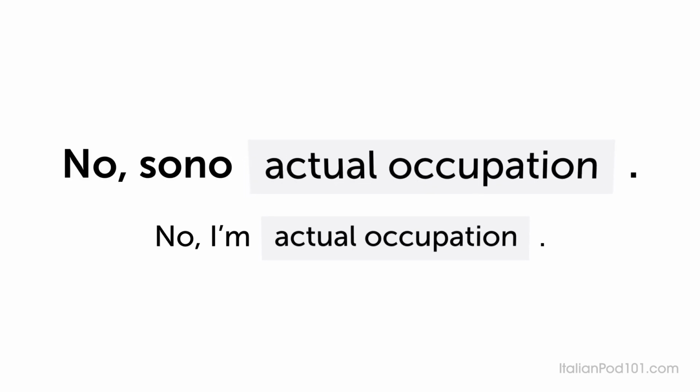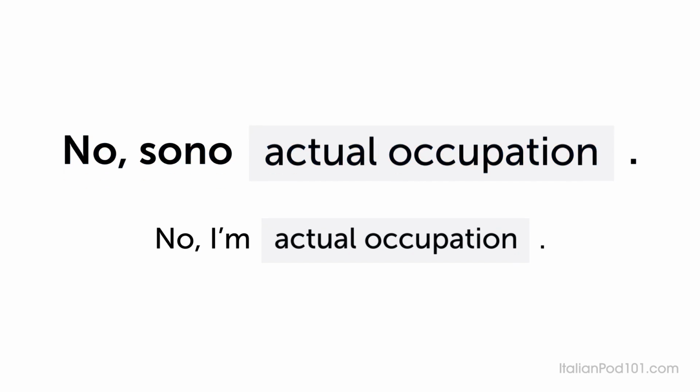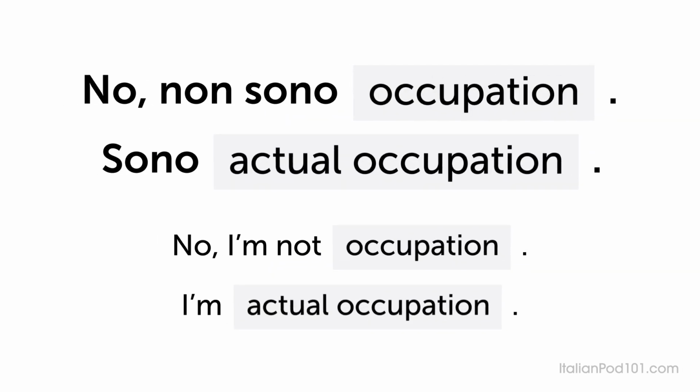This pattern is No, sono, actual occupation. You should be aware of this, but for this lesson, we'll use the pattern No, non sono, occupation, sono, actual occupation. No, I'm not occupation, I'm actual occupation.